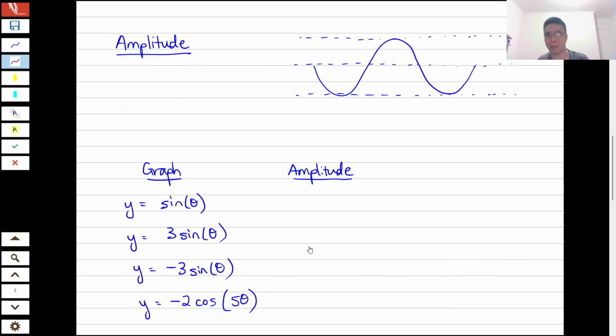So let's start with amplitude. Imagine I've got a graph that has a maximum value, a minimum value, and what I'm going to call the mean value or the average value.